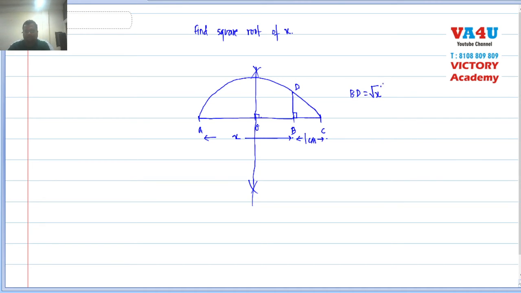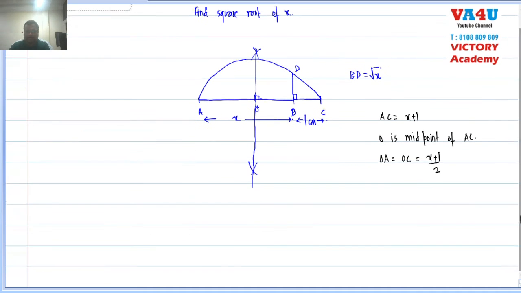Now let's see how we got this. Your AC is x plus 1. So O is midpoint of AC. So OA is equal to OC is equal to x plus 1 upon 2. Okay, fine.